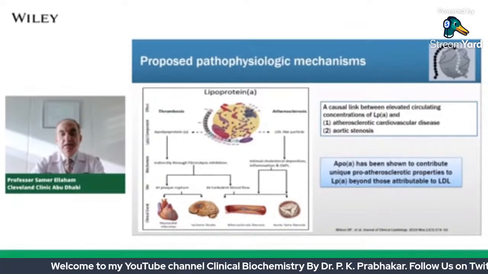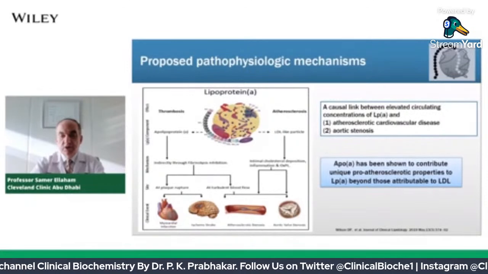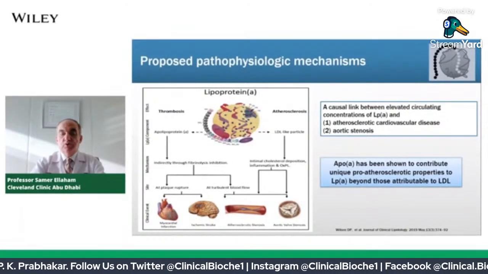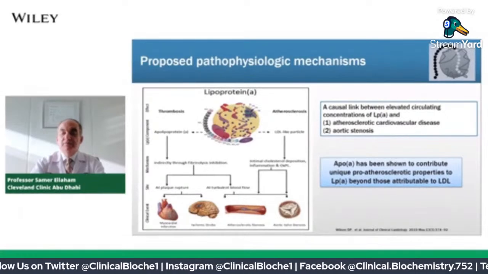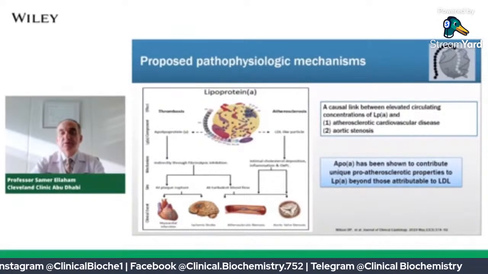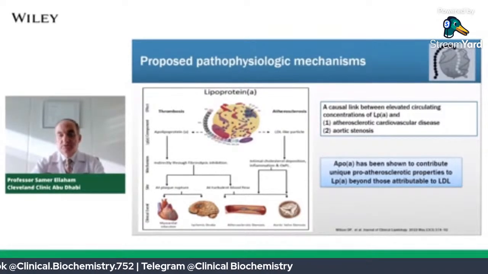Looking at Lp(a) and looking at the thrombotic component and the atherosclerosis, you could see that this would lead to plaque rupture, stroke, vascular disease, and very interestingly, in some subgroups and subcomponents, a remarkable inflammation and aortic valve stenosis.